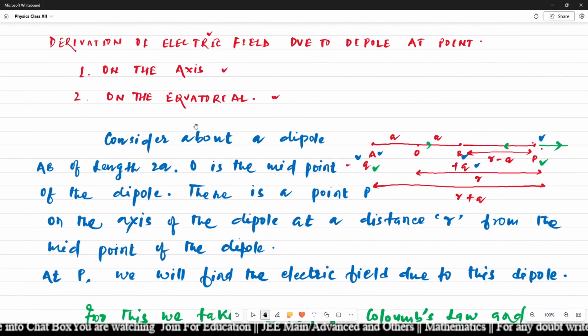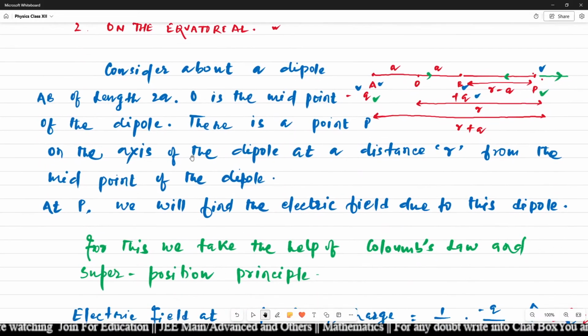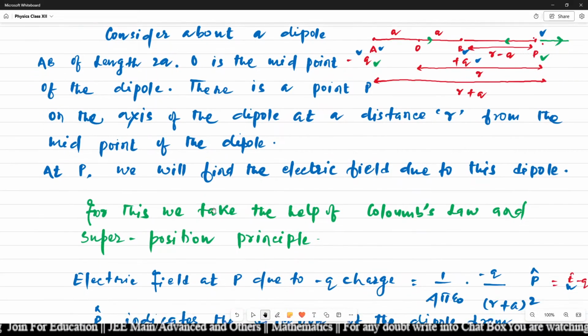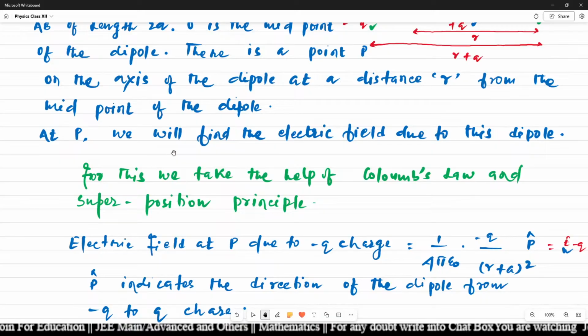So in this class, I have derived the expression of the electric field due to dipole at a point on the axis. For this, we take the help of this figure. Consider the dipole AB of length 2a, O is the midpoint of the dipole. There is a point P on the axis of the dipole at a distance r from the midpoint of the dipole. At P, we find the electric field due to this dipole.